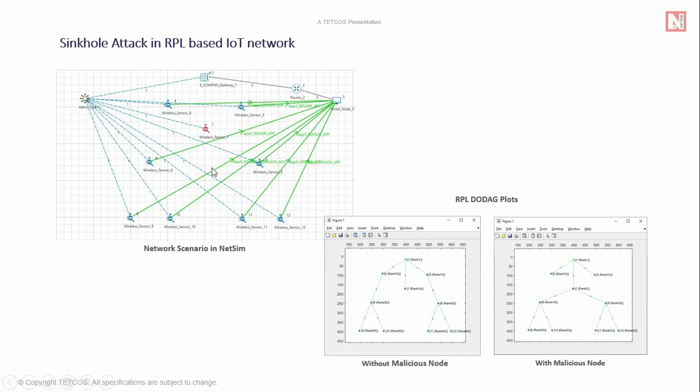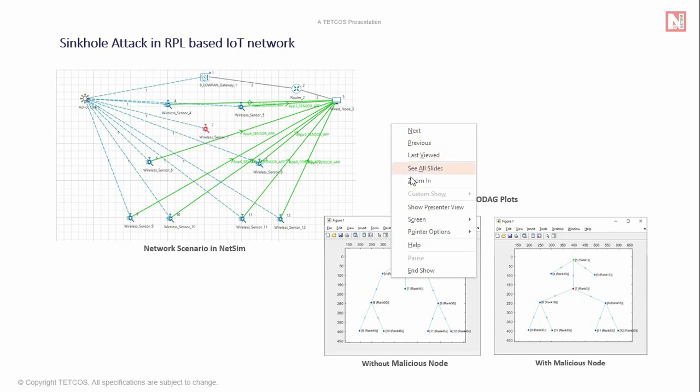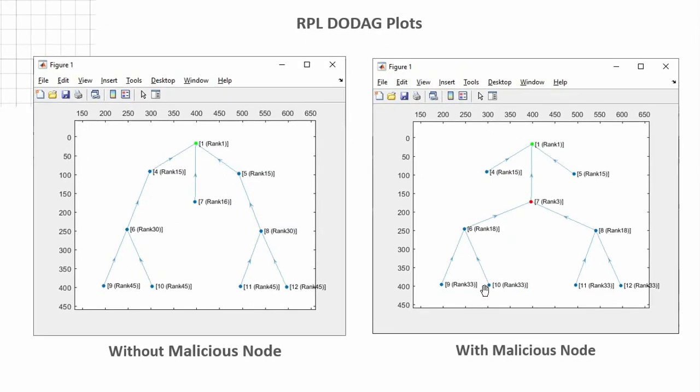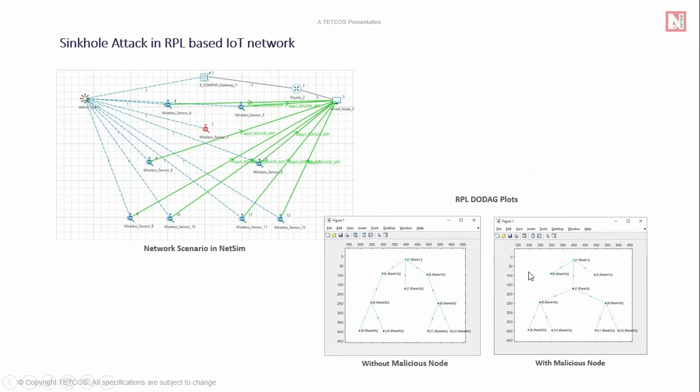A node with a lower rank is likely to be chosen as a parent than a node with a higher rank. The malicious node falsely advertises a low rank value, causing the neighboring nodes to select it as the parent. Once it is selected as the parent, the malicious node ends up getting all the network traffic.